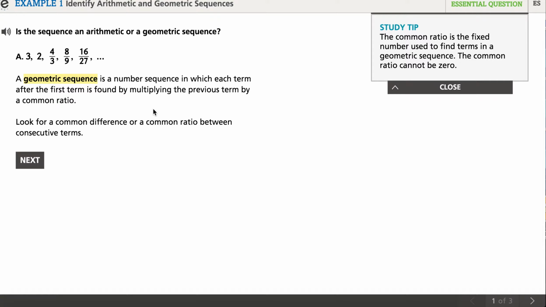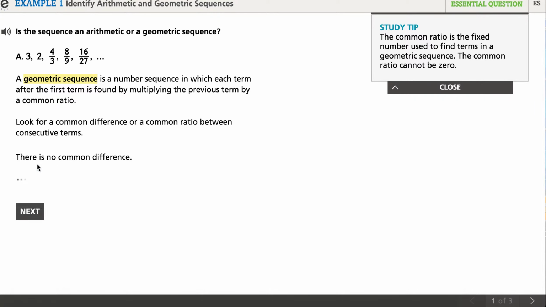Look for a common difference or a common ratio between consecutive terms. Take a look, stop the video and see it yourself first. If you don't see any common difference, look for a common ratio: 2 divided by 3, 4/3 divided by 2, and so on.